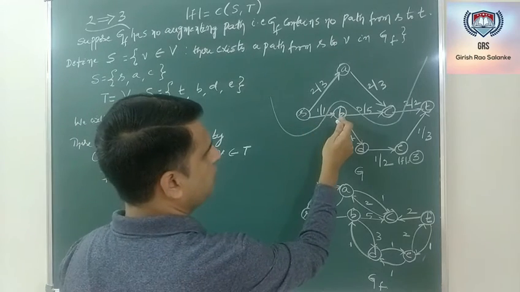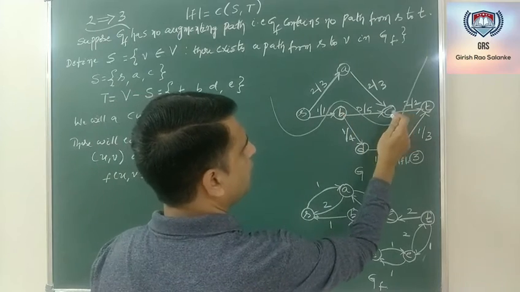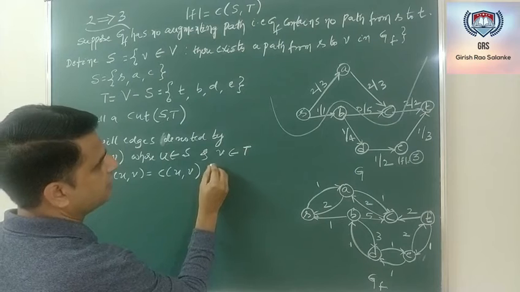See this, S to B, flow and capacity are same, and here also from C to T, flow and capacity are same. That means I'll just write with this example.